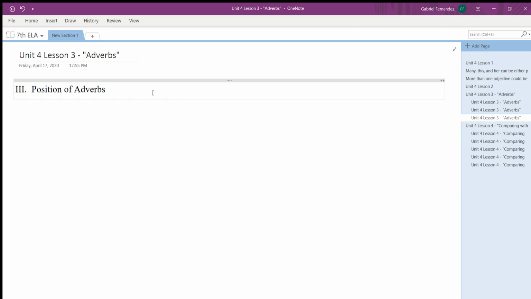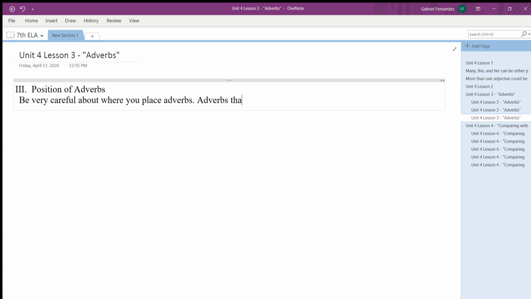Okay, the last point I want to go over for lesson 3, and then we're going to try to make lesson 4 very quick to avoid a half-hour video, is position of adverbs. Okay, adverb position is very important. You need to be very careful about where you place adverbs.